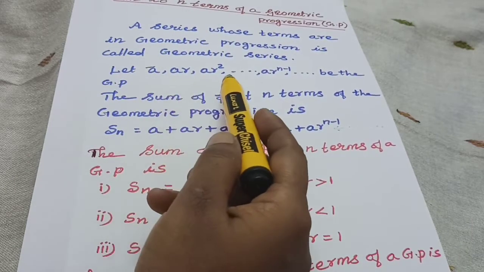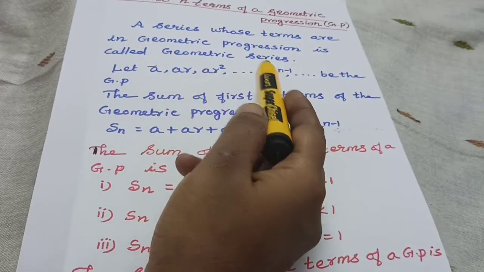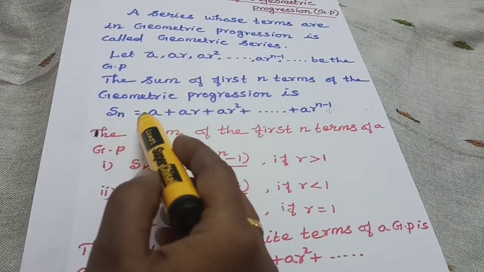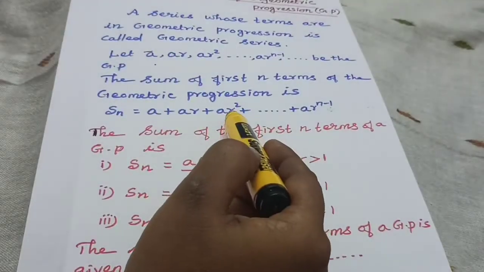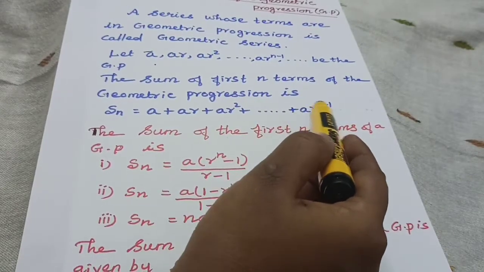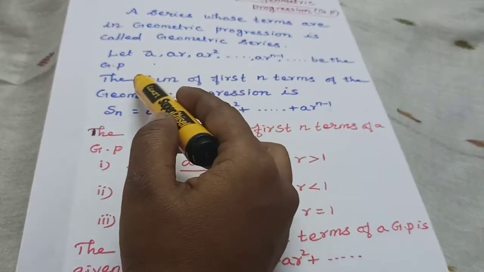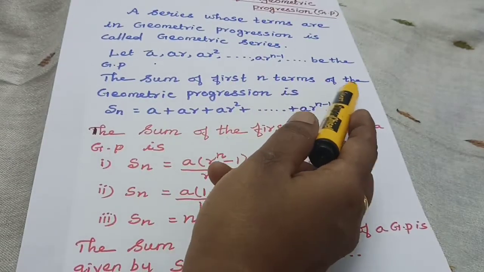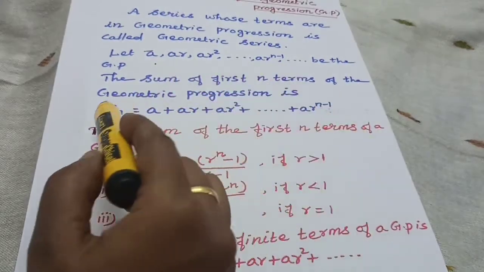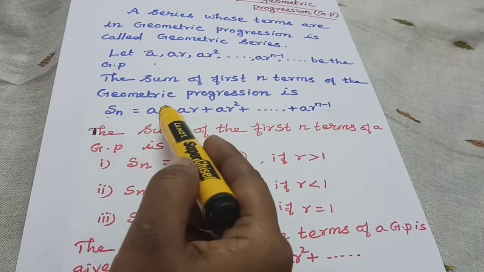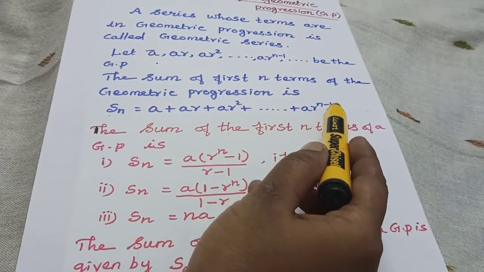Then the geometric series is the sum of the n terms, that means Sn is equal to a plus ar plus ar square plus etc. plus ar power n minus 1.